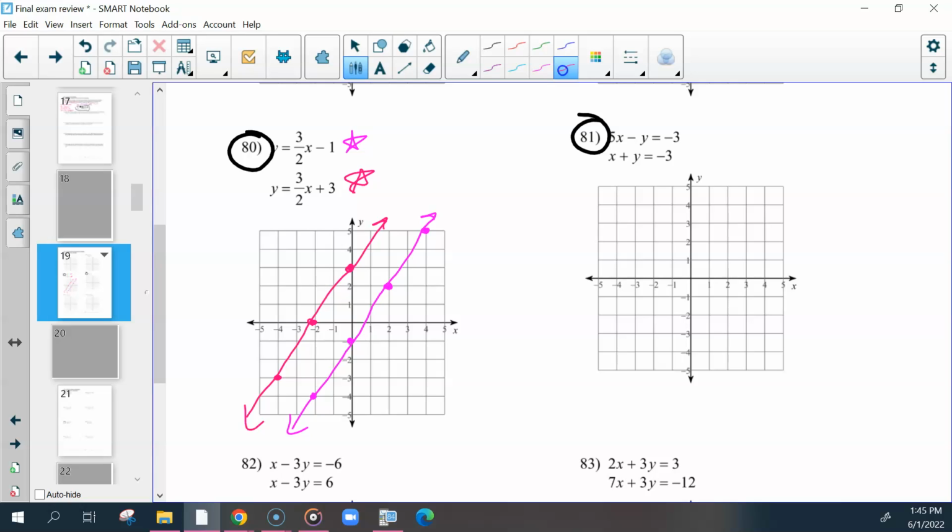So these would have no solution because they'll never intersect. If they did intersect, they would intersect at one point, and that would be one solution. If they were exactly the same, so let's say these both have the same y-intercept, they would lie on top of one another, and that would be infinitely many solutions.